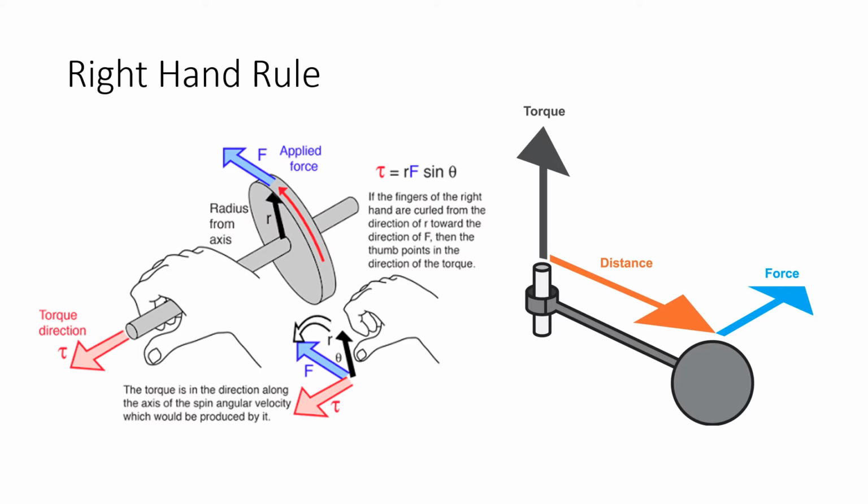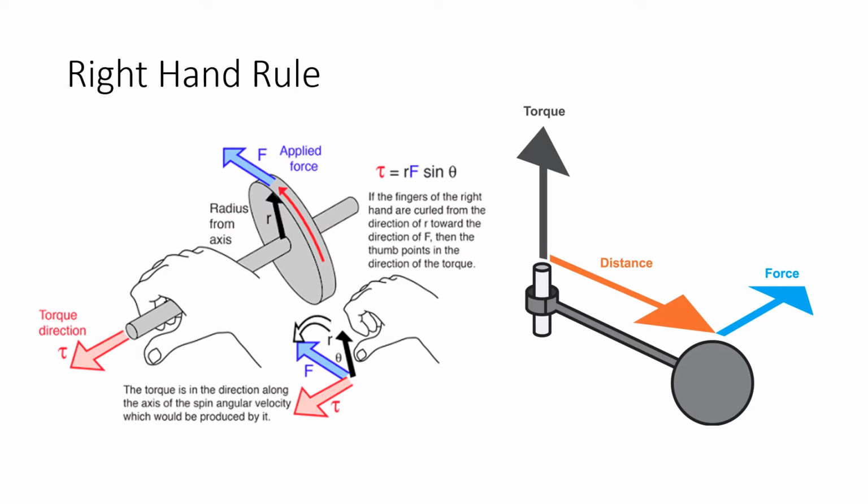It's my thumb's direction. And why we're doing this is because we need to keep track of whether we have a positive or negative torque. How much is this thing turning? How much force is this thing trying to twist with?